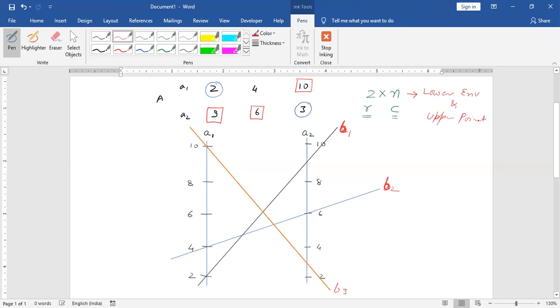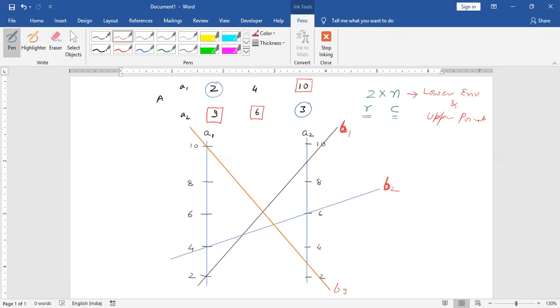If you remember our previous lecture, the case of m by 2, m rows and 2 columns, we take the upper envelope and lower point. But when we have the 2 by n case, we will take the lower envelope and upper point.